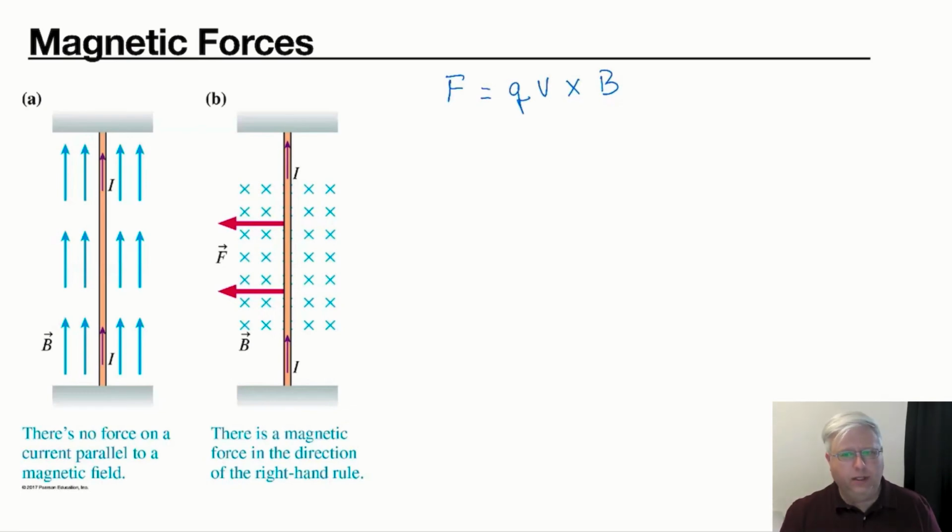So with the current carrying wire, remember, what is current? Current is related to charge. It's how much charge there is over a certain time interval. Velocity is distance over time.